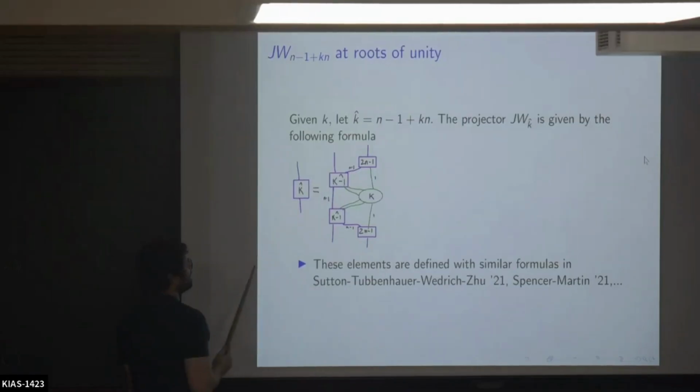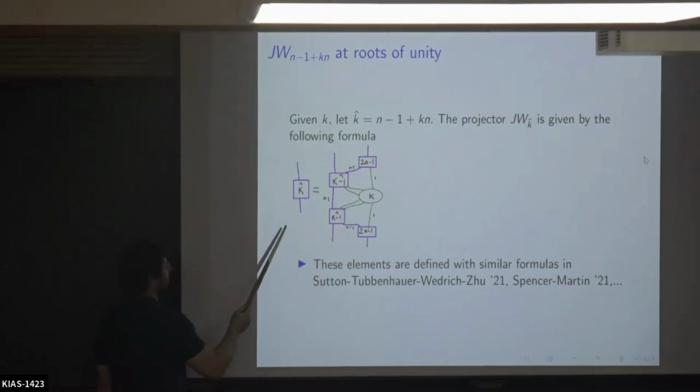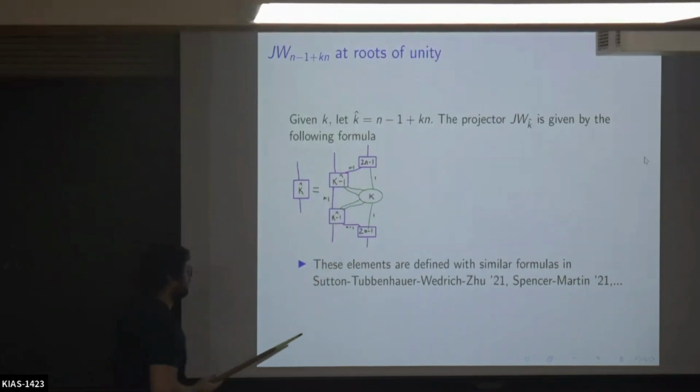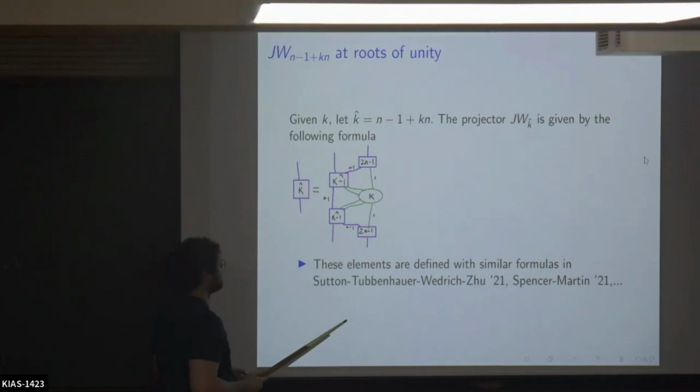And you're doing it recursively. So we know how to construct Jones-Wenzl 2n-1, and we're making k at least 1 here. And so we just plug it into this formula, and we can show that this satisfies the axioms. So this is Jones-Wenzl n-1 plus kn.